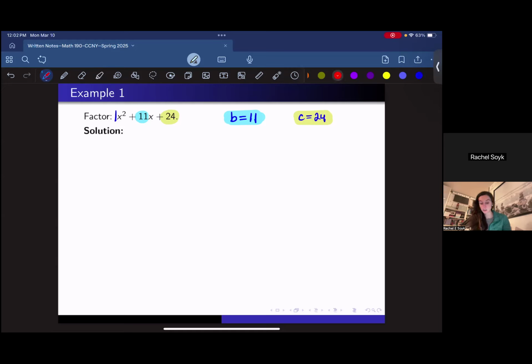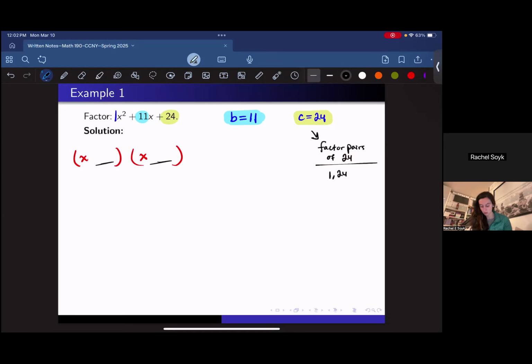So what is our setup going to look like? Well, our variable is x, so we're going to have x in parentheses, x in parentheses. We just need to figure out what goes into this placeholder here. How do we do that? We look for factor pairs of 24.